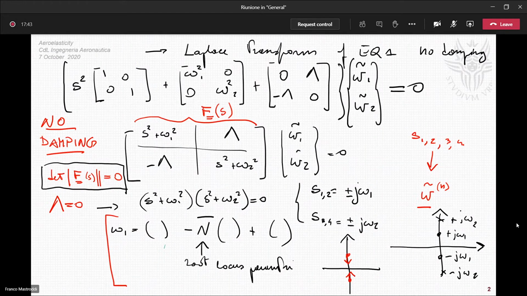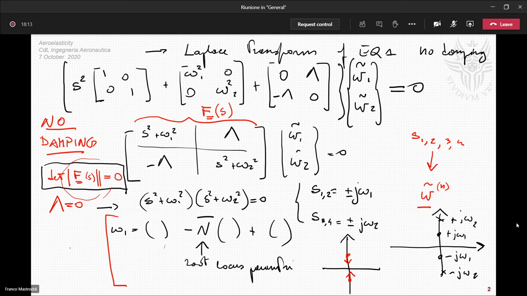Therefore, in the case of no damping, please, first case, no damping, we are actually avoiding the matrix applied to the velocity vector. In the case of no damping, our characteristic equation is obtained just taking the determinant of this matrix here. And the determinant here is this by this minus this by this.